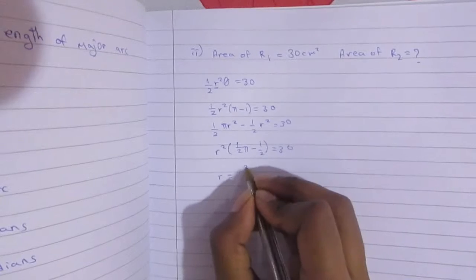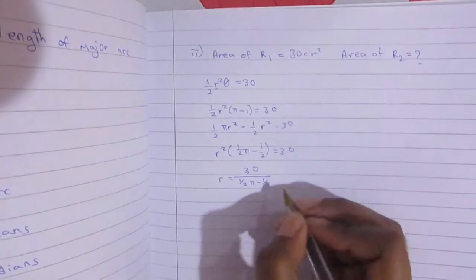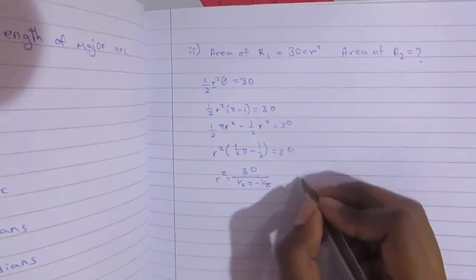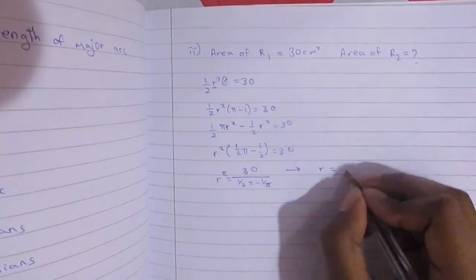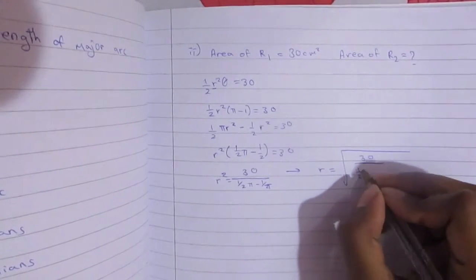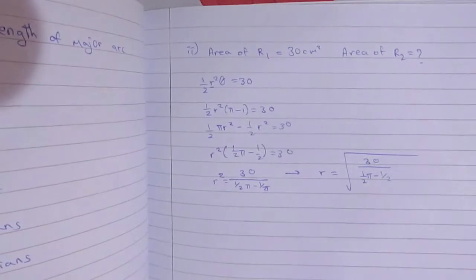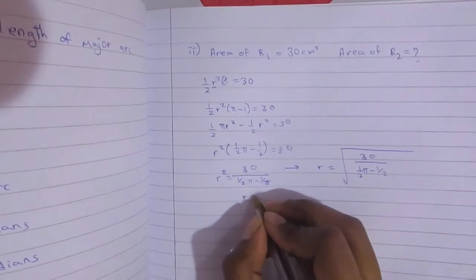Divide 30 by whatever is in that bracket. So then r would be the square root of that value. And that will give you an answer of 5.29.